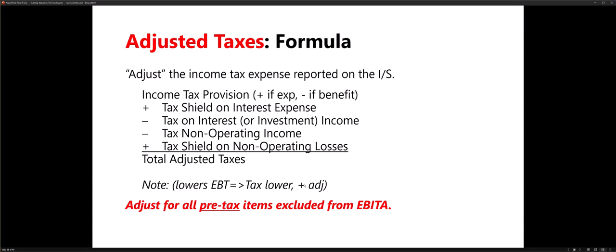So we're adding it back to our income tax provision because we could have had higher income without it. And so that's why you see a plus on interest expense and a minus on interest income and non-operating income and non-operating losses. So everything that we excluded on EBITDA should be adjusted here on the adjusted tax.